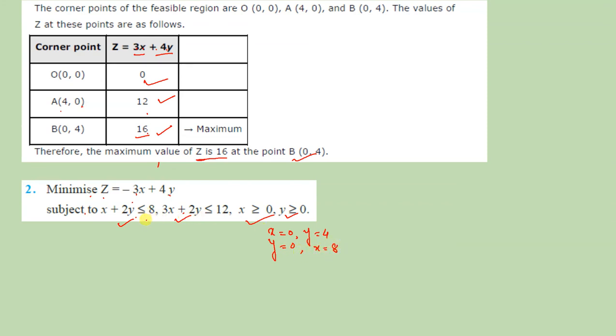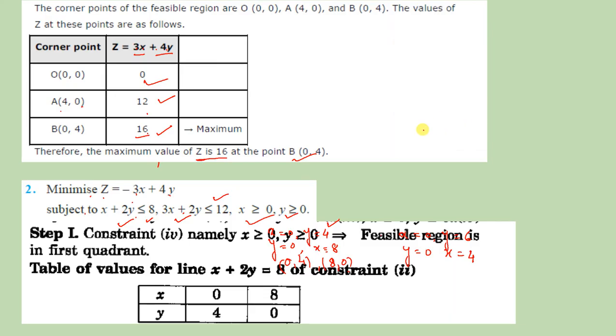This is for the first inequality. For the second inequality, when you put x is equal to 0, you will get y is equal to 6, and when y is 0, you will get x is equal to 4. So on the first line you have 0 4 and 8 0. These are the 2 points on the first line, 0 4 and 8 comma 0.